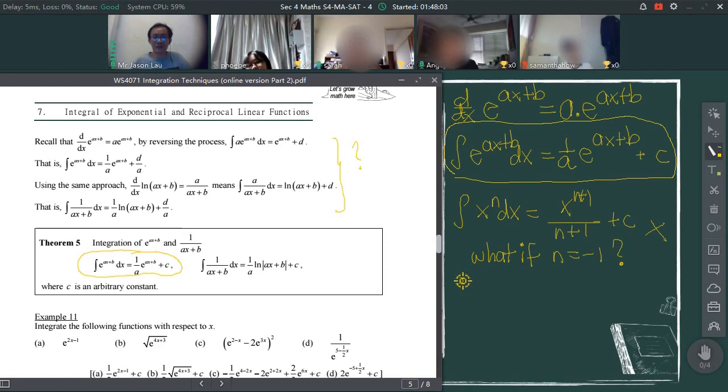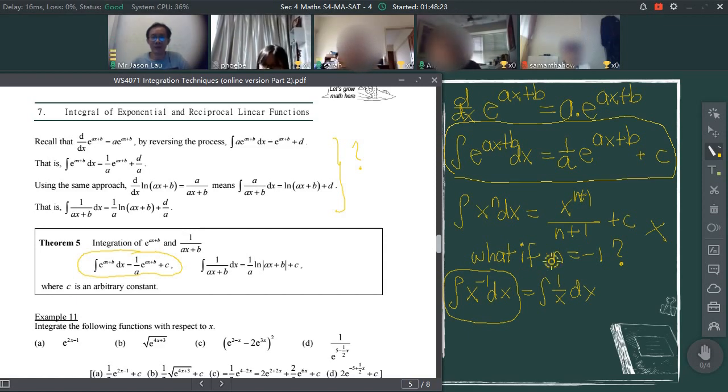So what is n = -1? It is your reciprocal function. This guy with the power -1 becomes very special, whereby mathematicians tried other ways to find the integral, and they finally found it after 100 years plus.